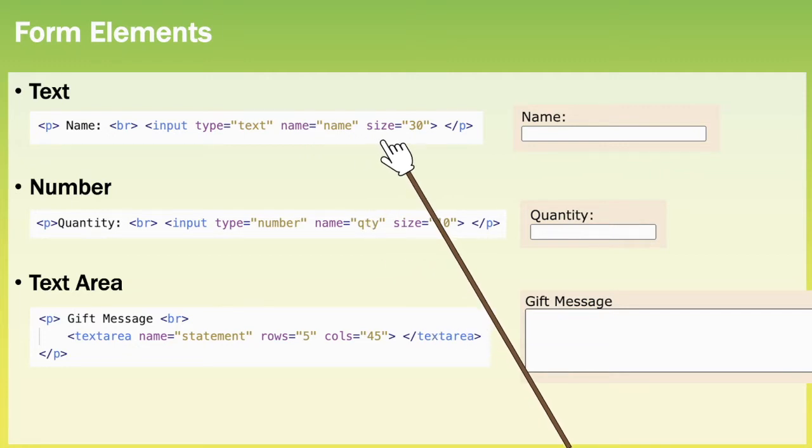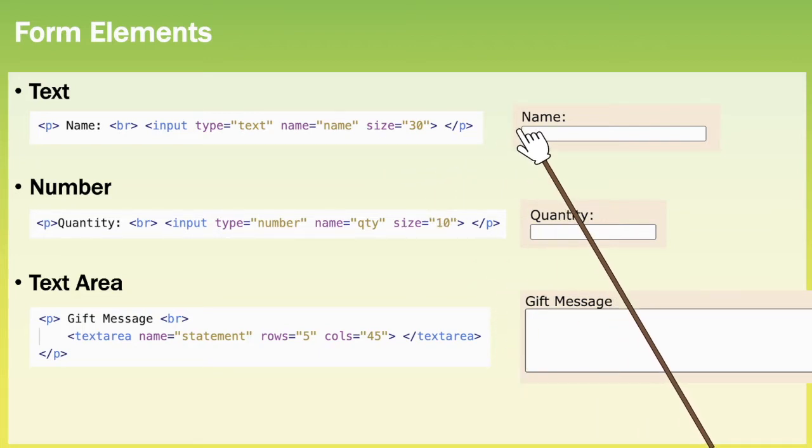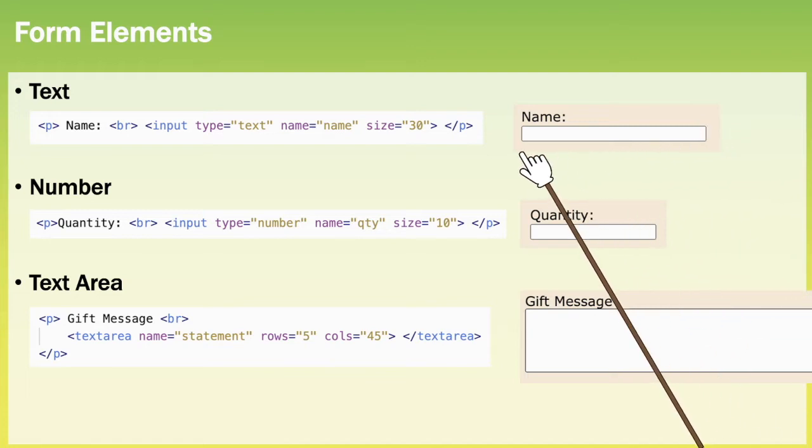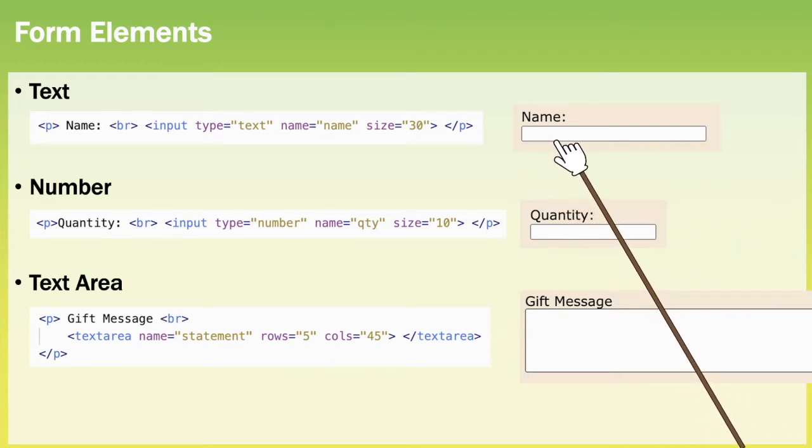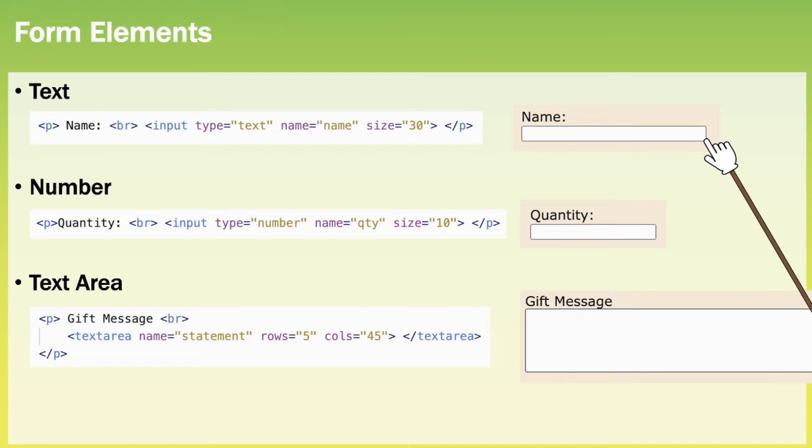And lastly, we have size, and this is how much space the input will take up on the user's screen. When we preview this, we get the square box to dictate that it's an input. We will be able to enter into this input text and numerical data as it is a text type, and the input itself is 30 long.